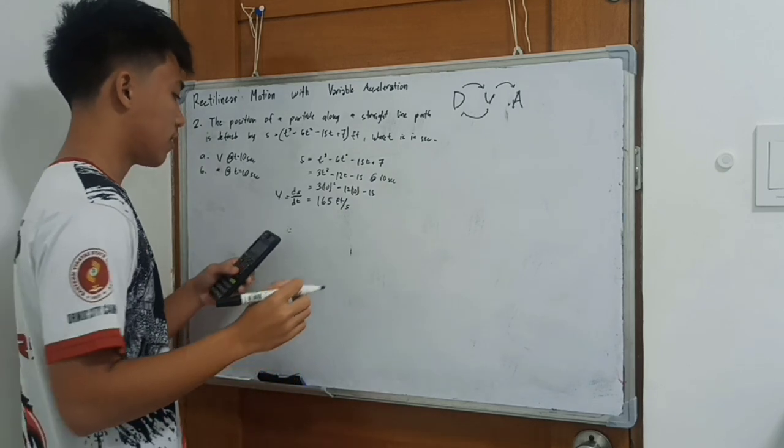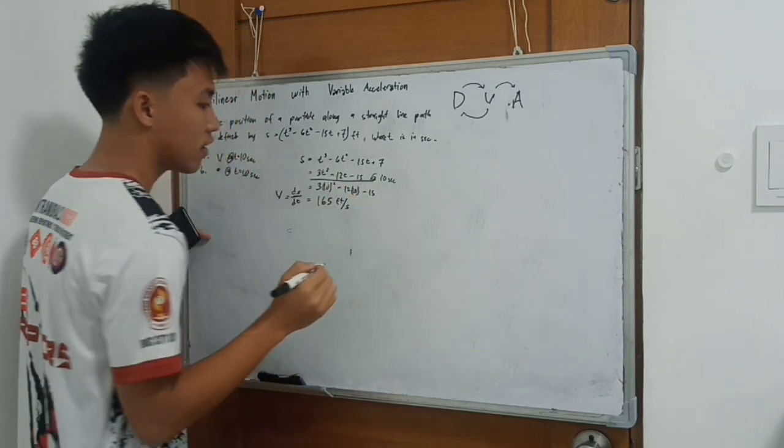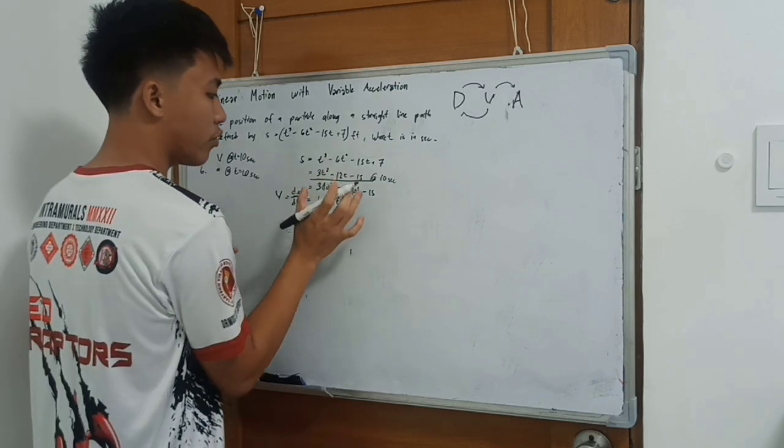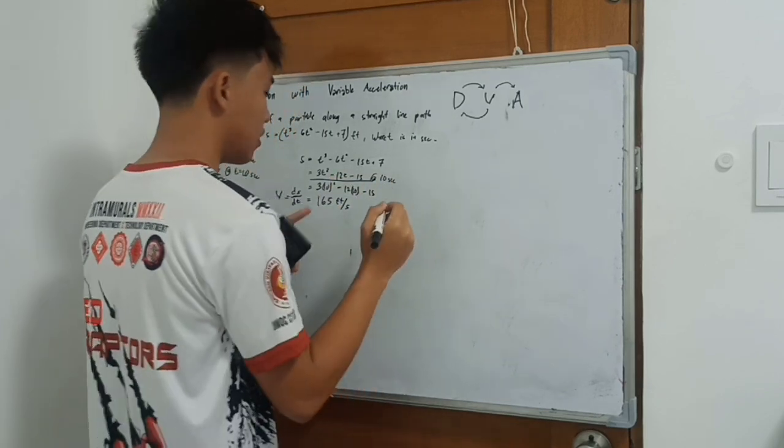And to get our acceleration, we need this derived function, and we will differentiate it again to get the second derivative.